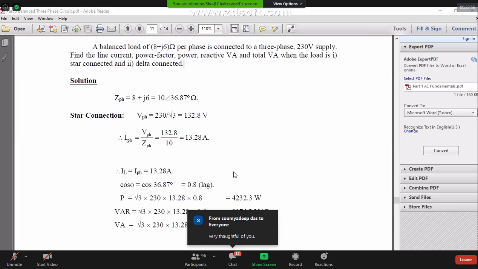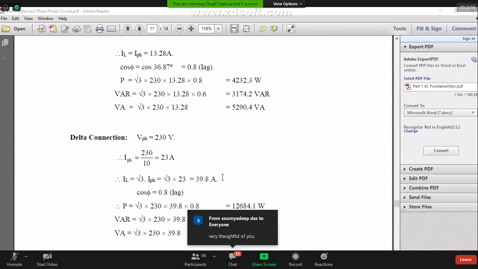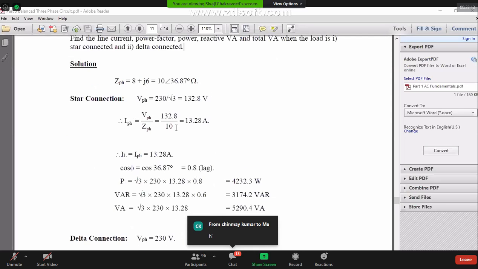Then the VAR, which is called the reactive power, where R stands for reactive, so volt ampere reactive, is √3 VL IL sin phi. Then volt ampere is √3 into VL IL. So you know the VL and IL, you put them in, you get the results. So this is the result for the star connection.